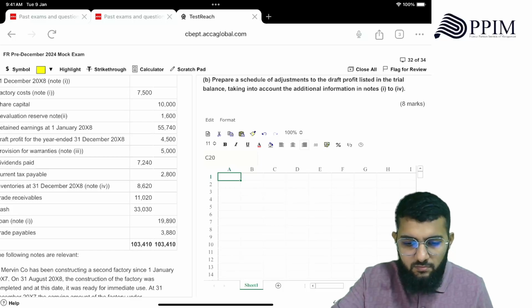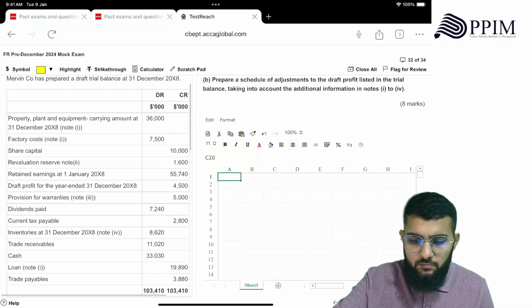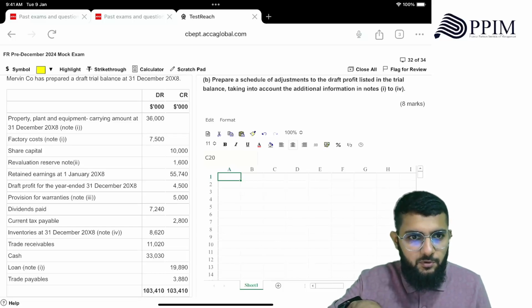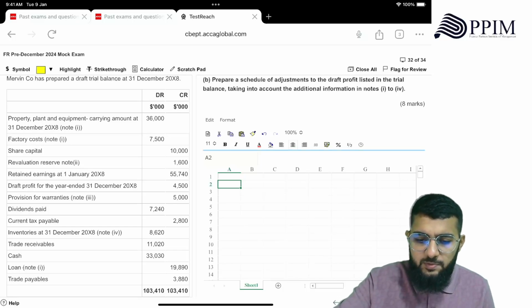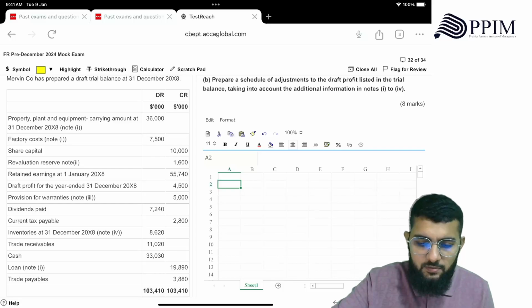Better go to Excel. Yeah, better we'll do it on Excel. So you'll know how to look at it from a holistic perspective, right? Okay, 1,060. Let's just do the draft adjustment, and then let's do the financial statements in Excel. Okay.